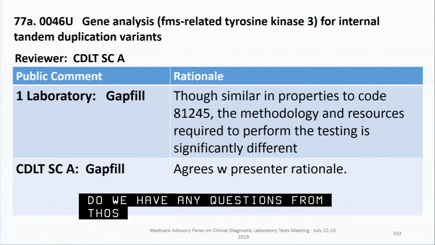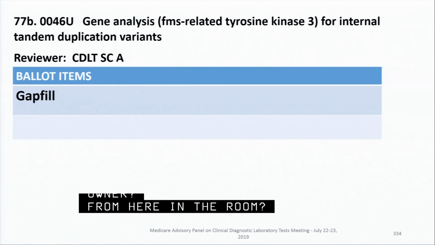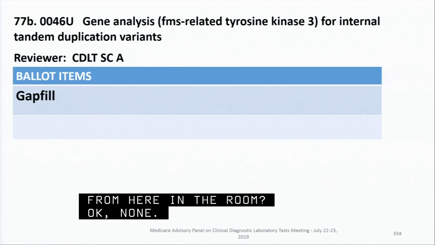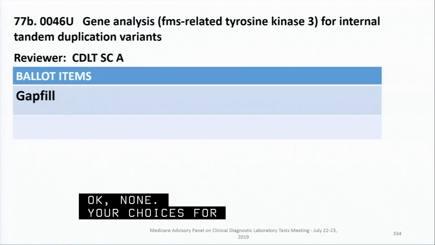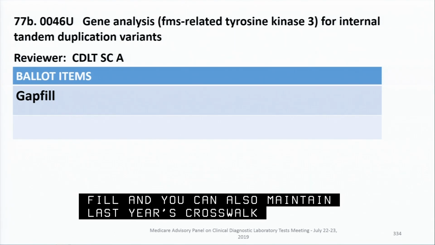Okay, none. So your choices for 0046U are gap fill, and you can also maintain last year's crosswalk of 81245. So please cast your ballots.